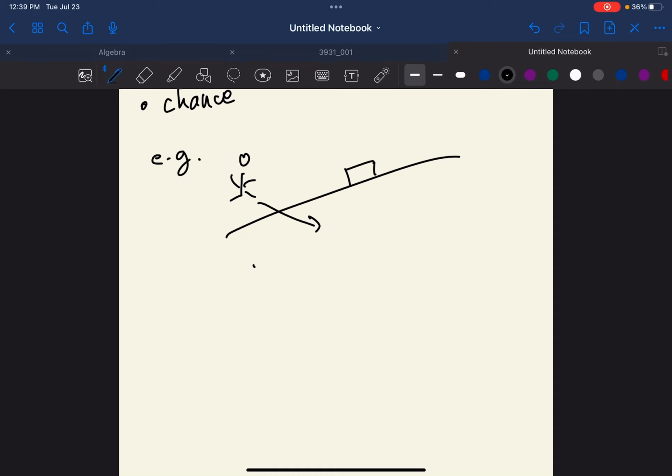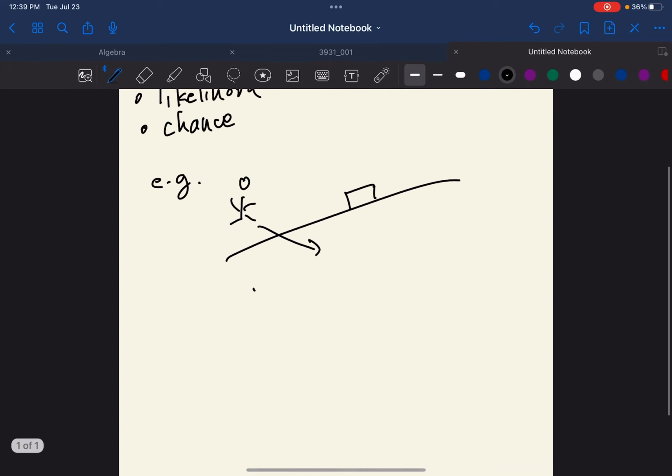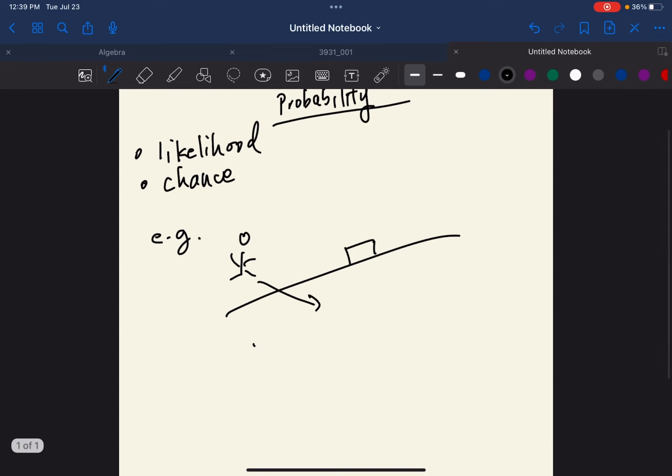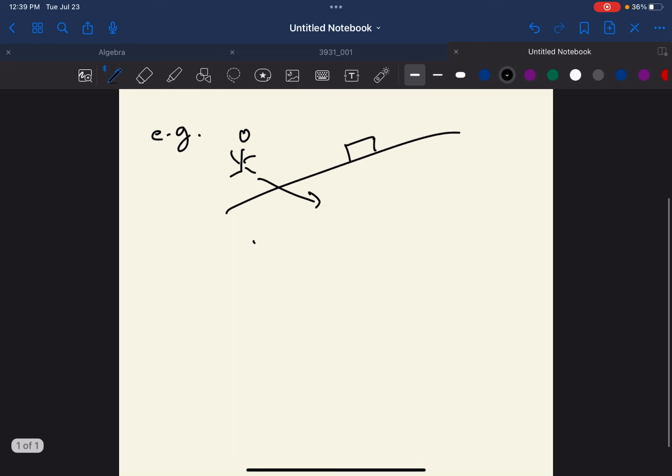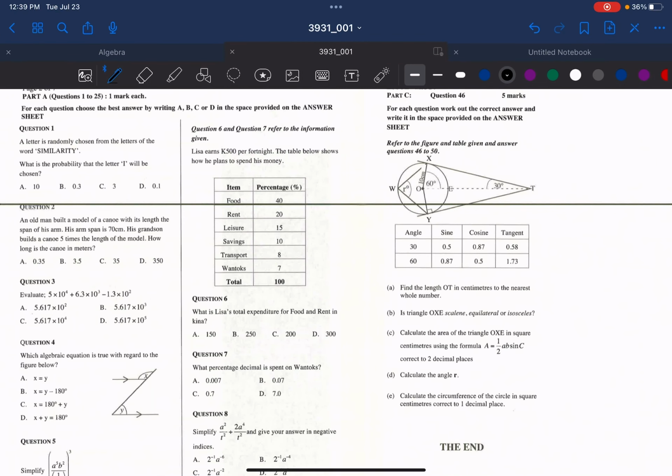Or maybe aesthetically, like you're trying to cut your hair and you're asking, what is the chance that I might look bad? It's a scale, and you're trying to say what is the chance of that thing happening.